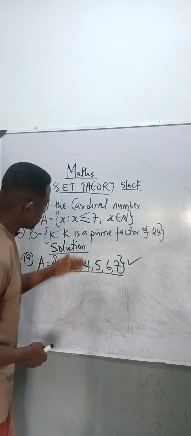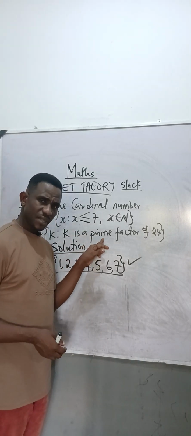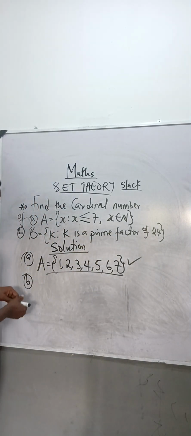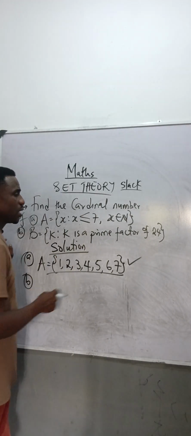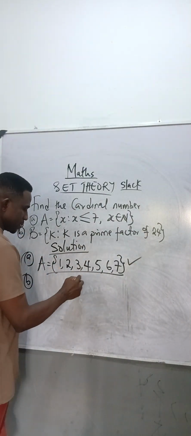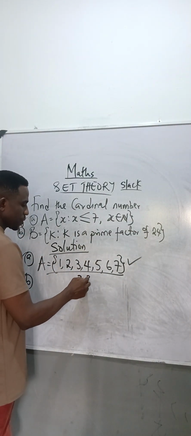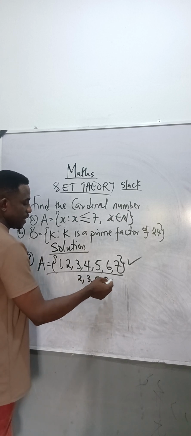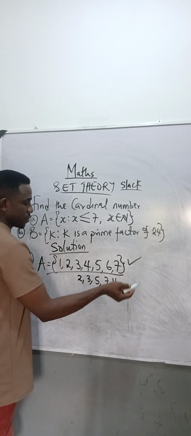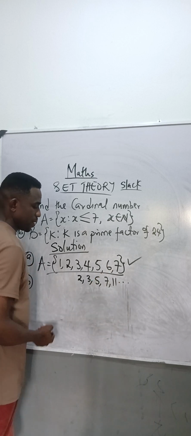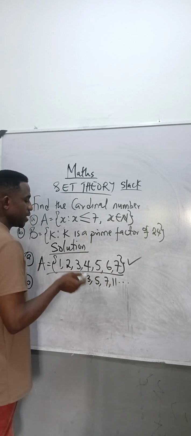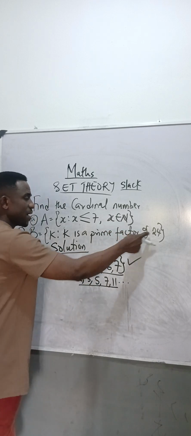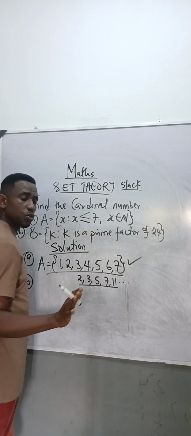So how can we find the prime number that is also a factor of 24? So let's see how we go about that. First of all, what are prime numbers? 2, 3, 5, 7, 11, and so on and so forth. These are prime numbers. Then, in these prime numbers, any number that can divide 24 becomes a factor of 24.